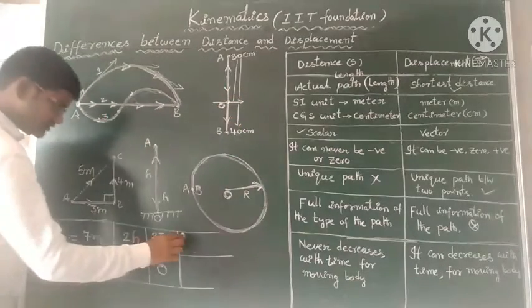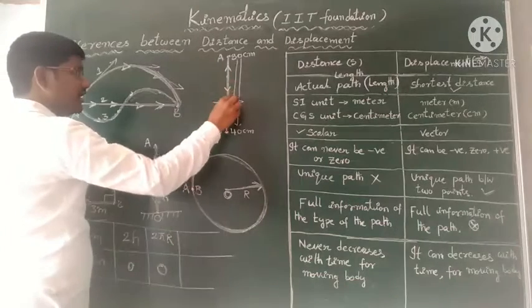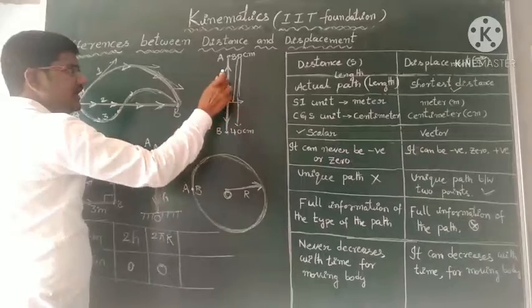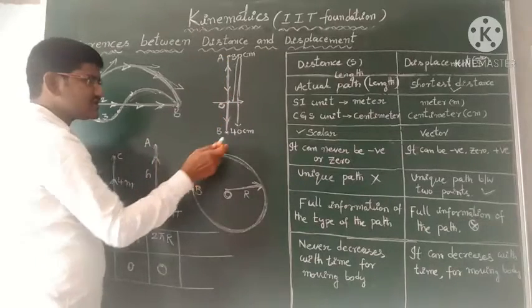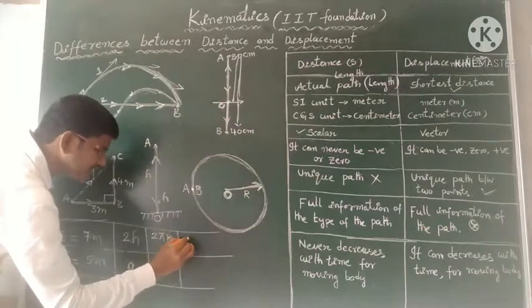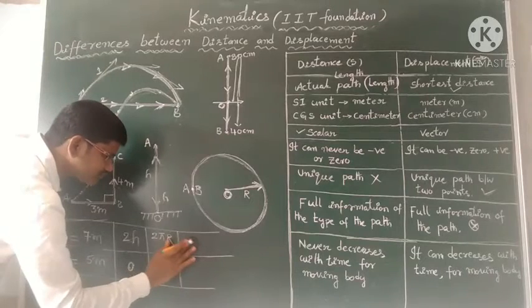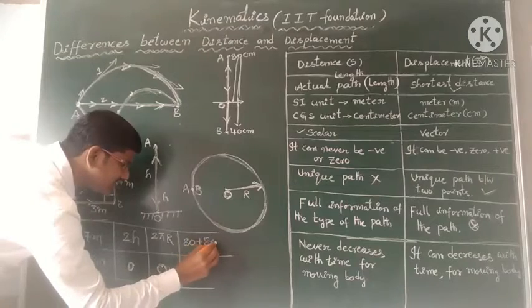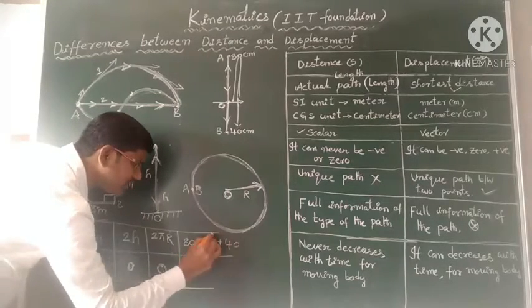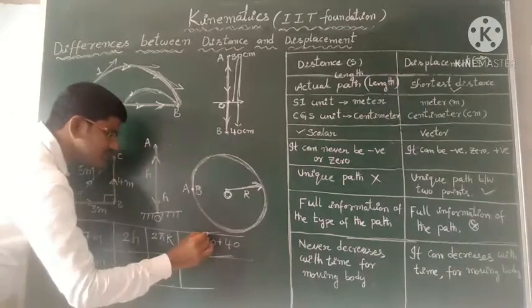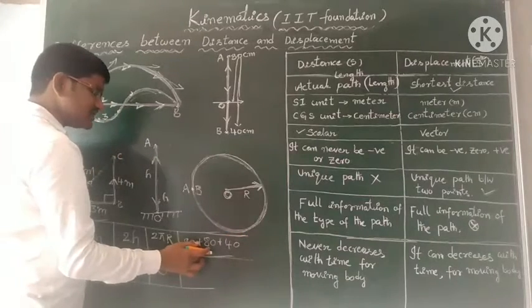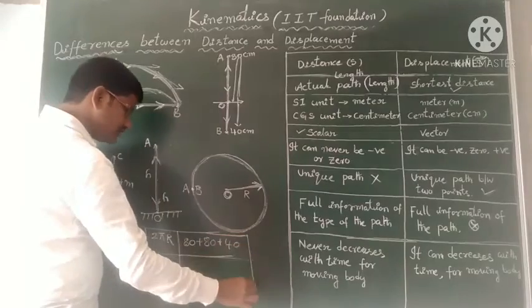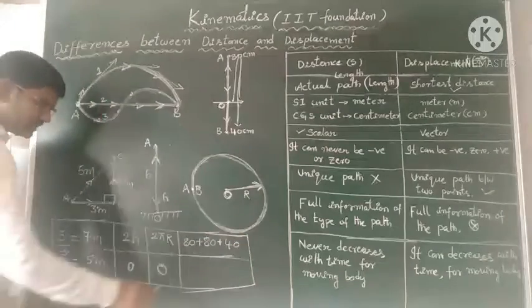So distance we will get 80 plus 80 plus 40. 80 plus 80 is 160, 160 plus 40, so 200 centimeters. Displacement you will get 200 centimeters.